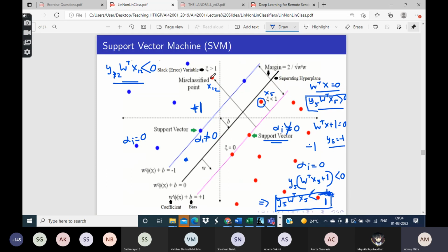For example, this point has infiltrated through the margin and gone to the wrong side. This kind of situation would not have happened in the earlier formulation which we dealt with, because that assumed that all the points are going to be correctly classified with the optimal classifier.